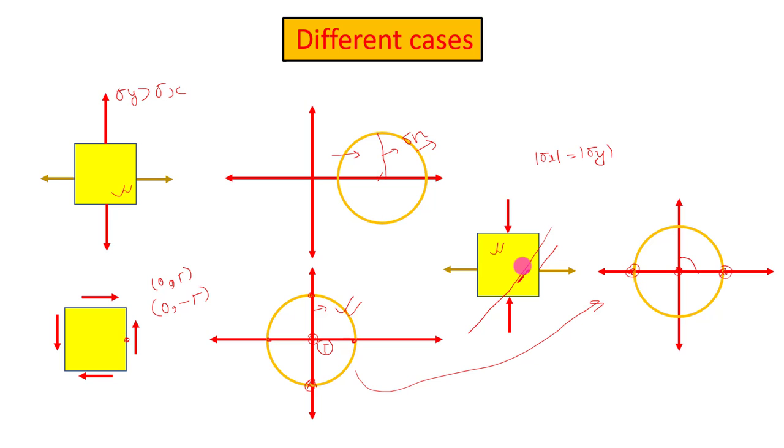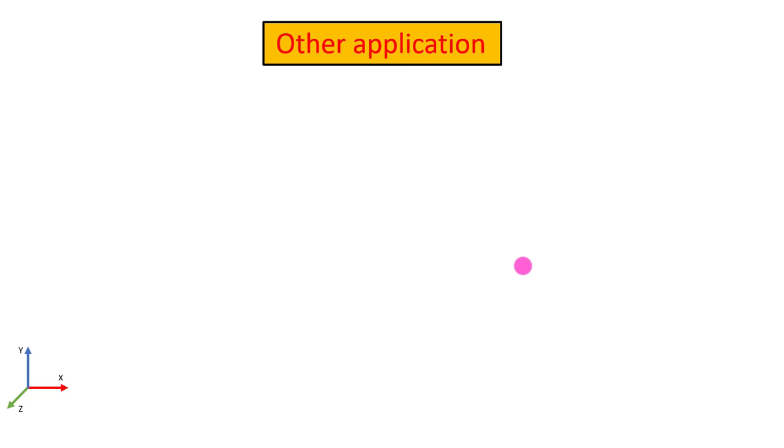Okay, so these are the different cases that I wanted to discuss with you. What we had discussed mainly about the Mohr circle is that it deals with the transformation from one set to another set, and it's simply a graphical representation of those transformation equations.